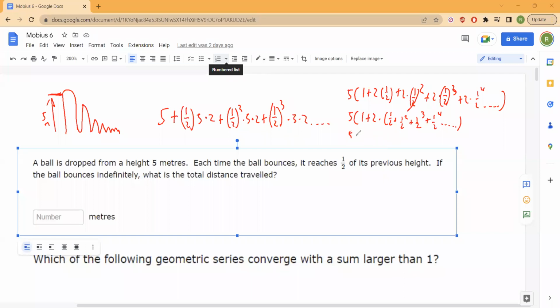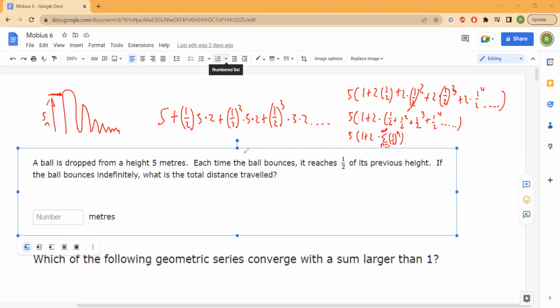So then we can get 5 times 1 plus 2 times sigma from n equals 1, because our first term here is a half, to infinity, where it's 1/2 to the power of n. And now we can solve this.